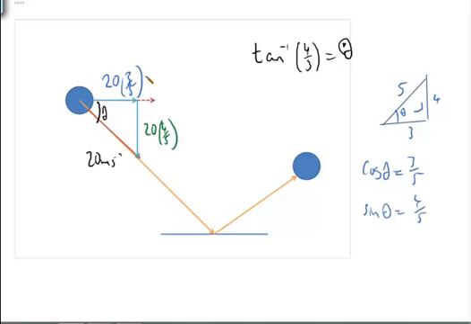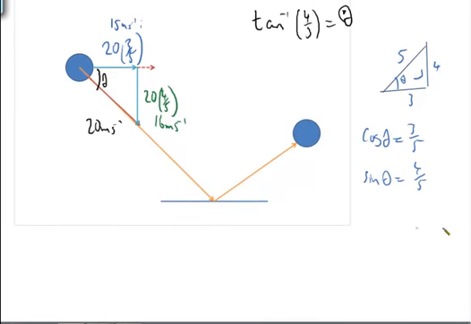So 20 times 3/5 is 60 divided by 5, which is 15 meters per second I, and this one here is 4 fours are 16 meters per second J.